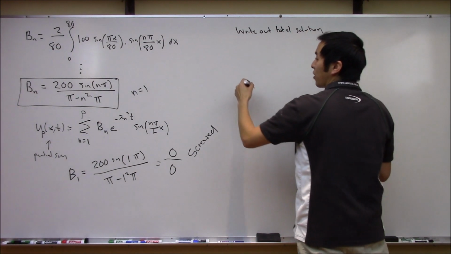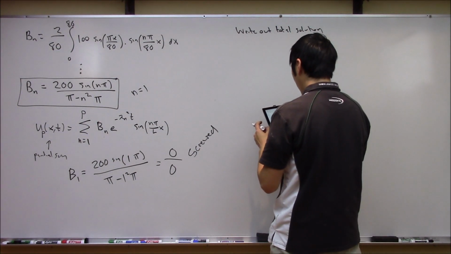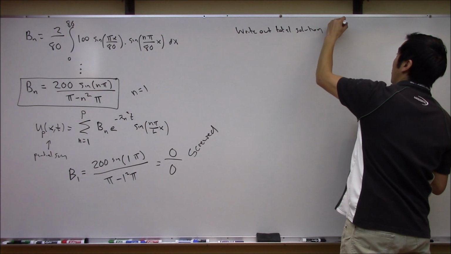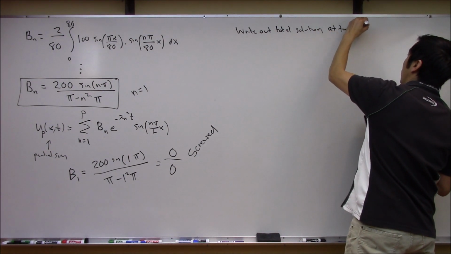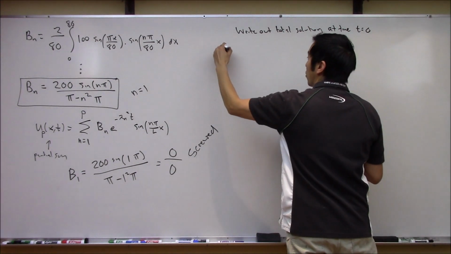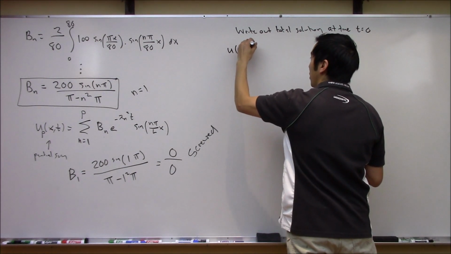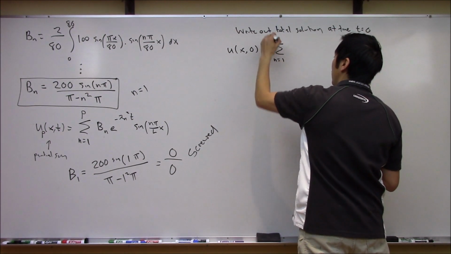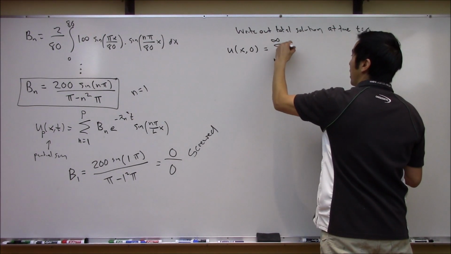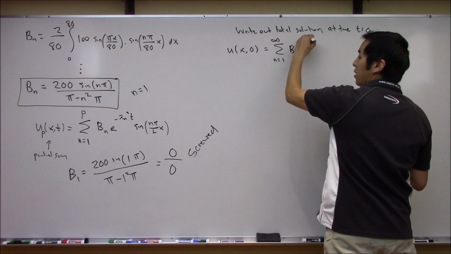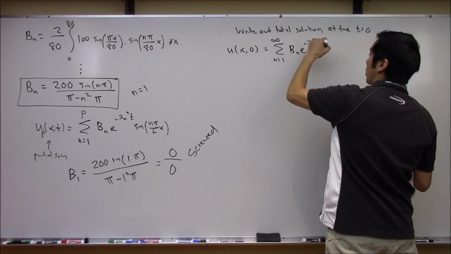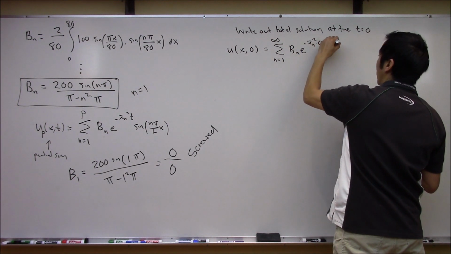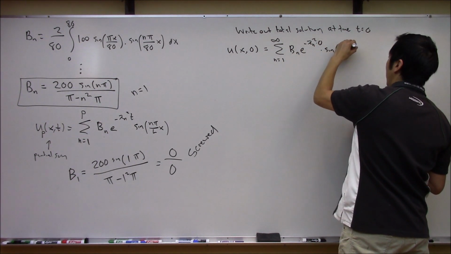And maybe more importantly, we should write out the total solution at time t equals 0. So the total solution, u of x at time equals 0, is going to be the summation from n equals 1 to infinity of Bn e to the minus lambda n squared times 0, times sine of n pi over Lx.